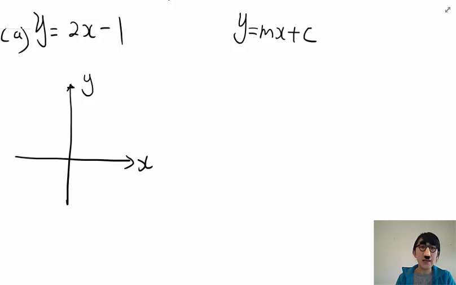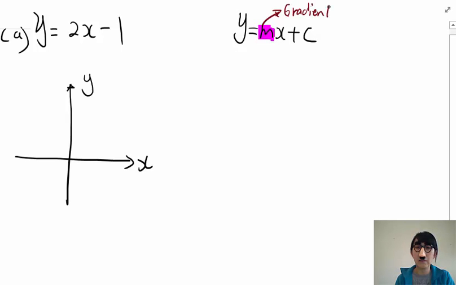In this case, m refers to the gradient, and c refers to the y-intercept.